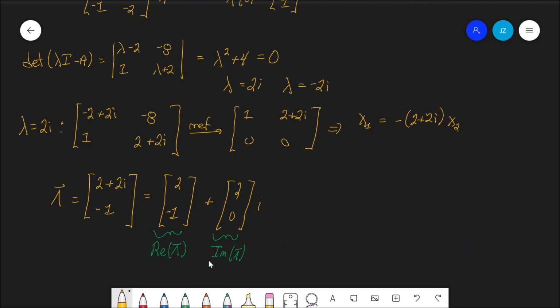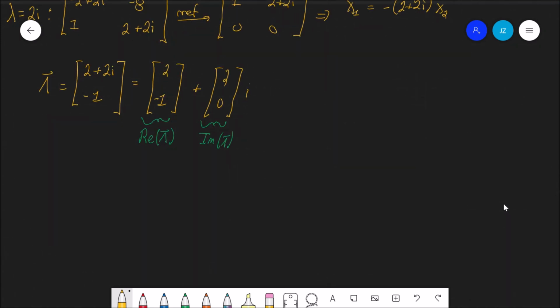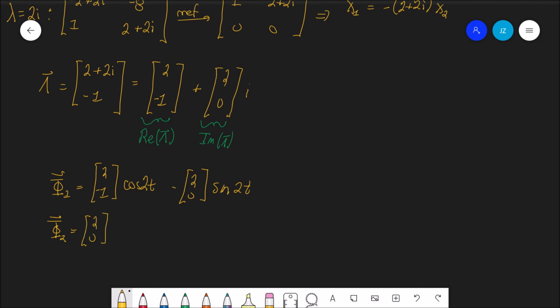Remember, the real part is b1, the imaginary part is b2. So using the form above, we can get phi1 is equal to (2, negative 1) cosine of 2t minus (2, 0) sine of 2t. And phi2 is (2, 0) cosine of 2t plus (2, negative 1) sine of 2t.